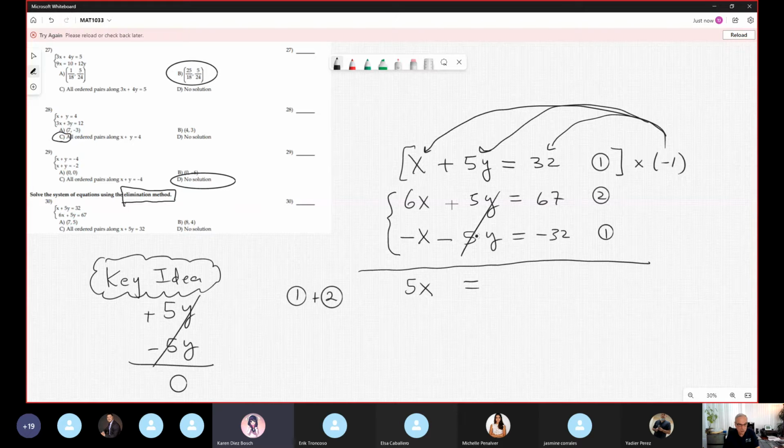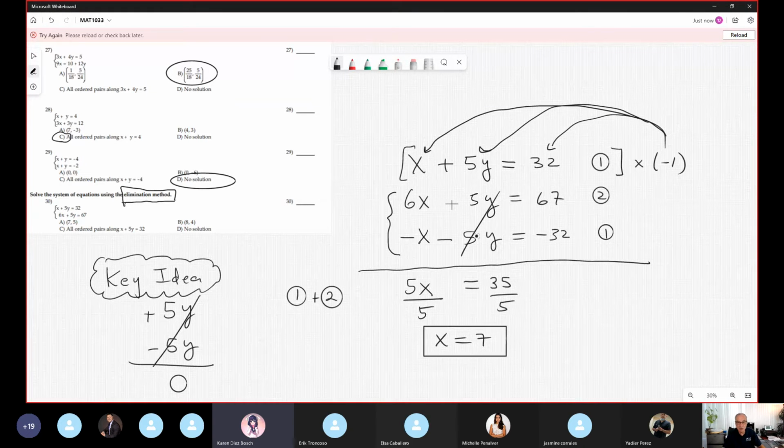That's elimination. And 67 minus 32, let me put it in the calculator, is 35. Divided by 5 both sides, x is 7. Cool. I like that.